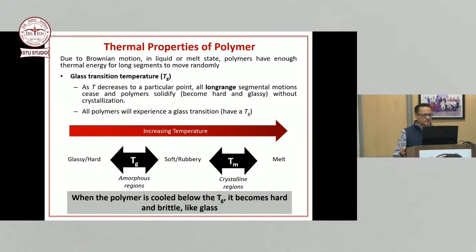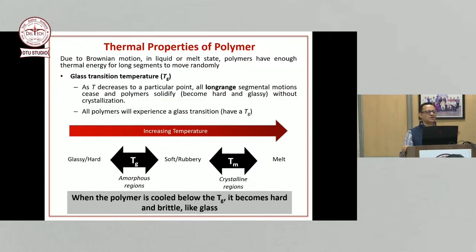Okay, due to Brownian motion in a liquid or melt state, polymers have enough thermal energy for segments to move randomly. Glass transition: as T decreases to a particular point, all long range segmental motion ceases, polymers solidify, become hard and glassy without crystallization. All polymers will experience a glass transition temperature.